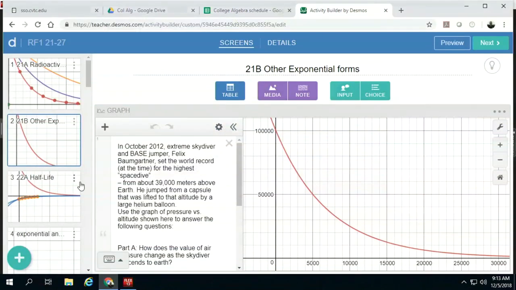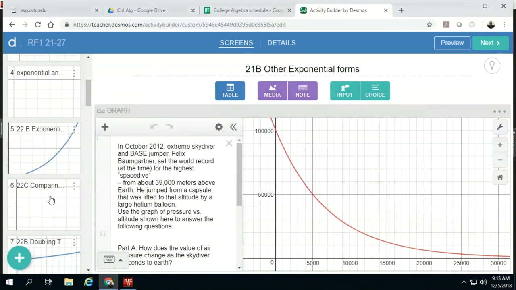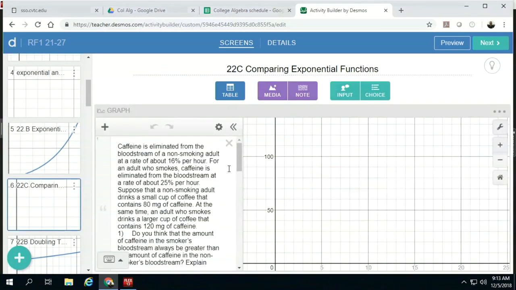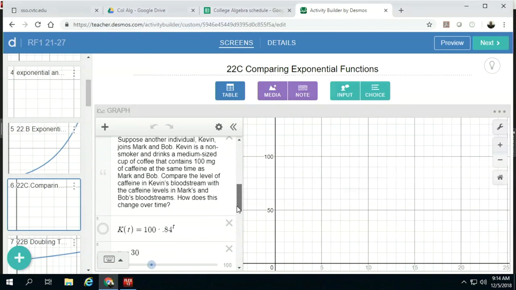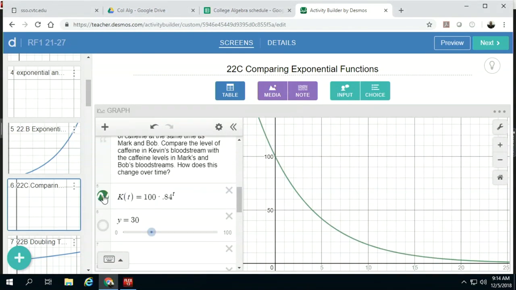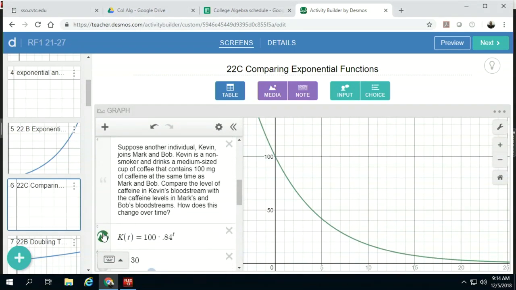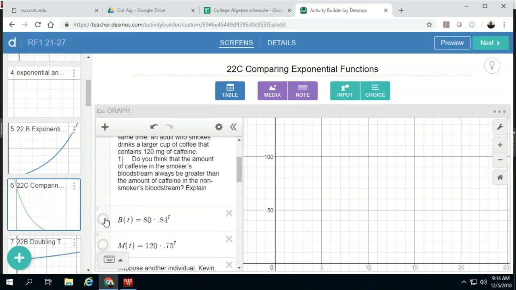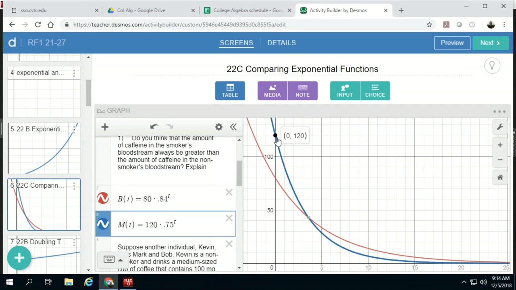Why is it important to graph them in this case? Well, it'll help us answer that very first question about, oops, that's not the guy. This is the guy. Bob and, what's the other guy's name? Mark? Yeah, Bob and Mark. So if you notice, Bob, now when you click on the graph, it gives you some important points.